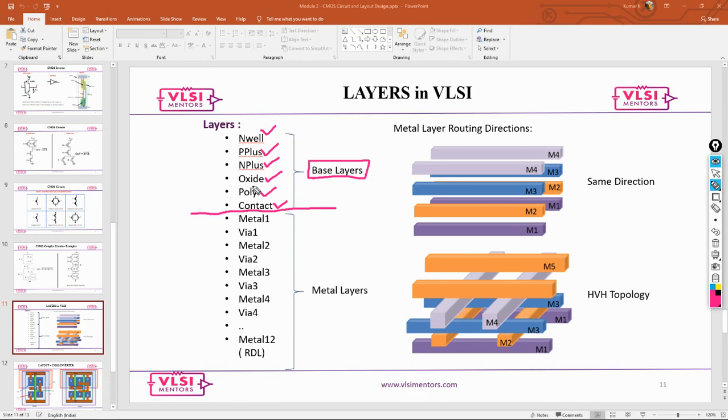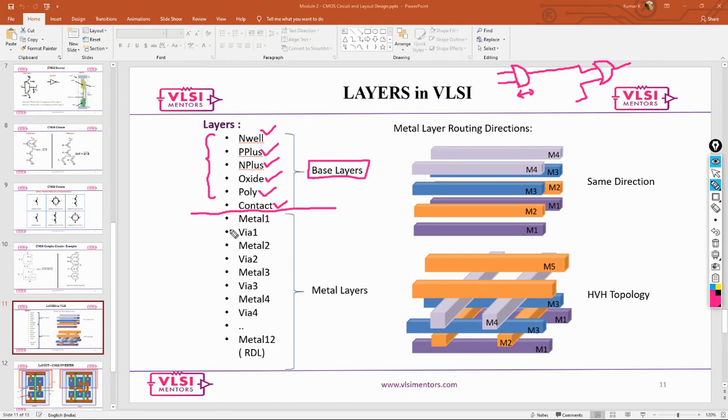Okay, now these metal layers. For example, you have an AND gate, and the AND gate is going to feed an OR gate. Now this transistor, the AND gate, is formed or fabricated with the help of these layers.